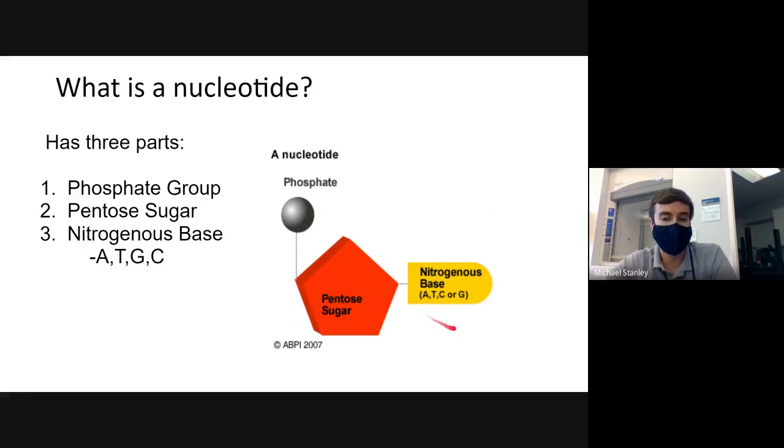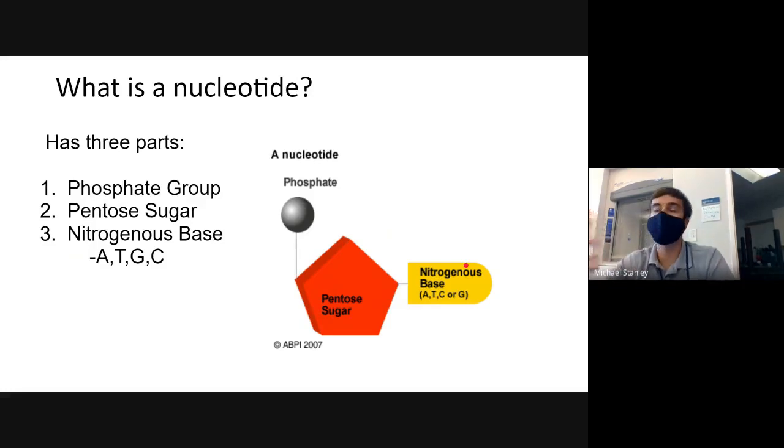And then finally, we have what's called a nitrogenous base. So in our DNA molecule, every single phosphate and every single sugar looks exactly the same. They're just copy pasted all the way up and down the DNA. The base, though, can be different.